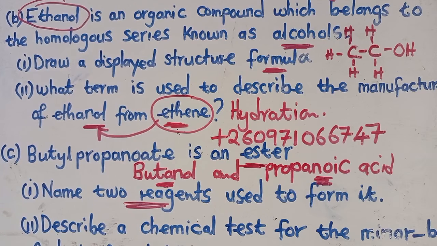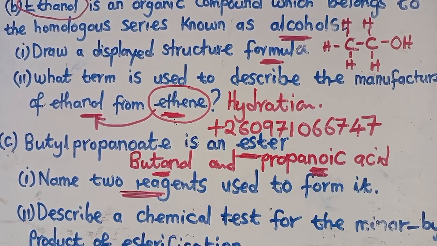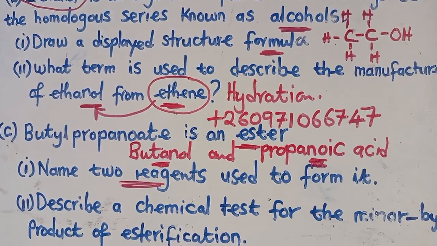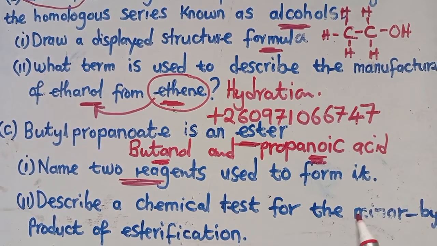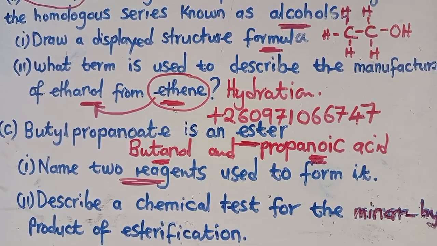Then we now go to this particular question. They are asking us to describe a chemical test for the minor byproduct of esterification. So here they are talking about the minor byproduct. What is the minor byproduct here?